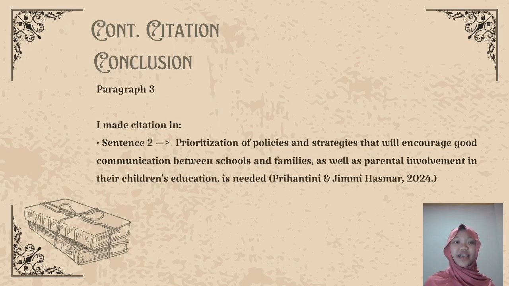Next, I made a citation in paragraph 3, sentence 2, that contains: prioritization of policies and strategies that will encourage good communication between schools and families, as well as parental involvement in their children's education, is needed. I made the citation from Prihantini and Jimmy Hasmar in the year 2024.